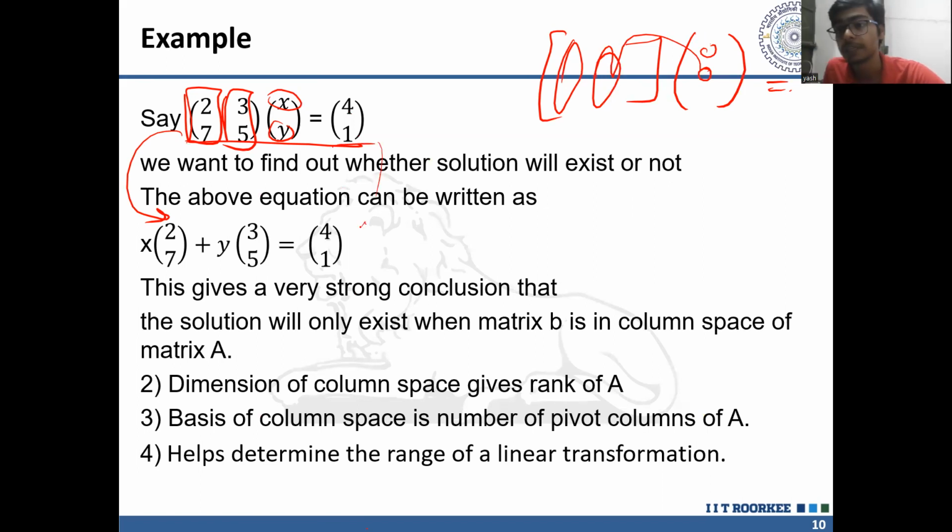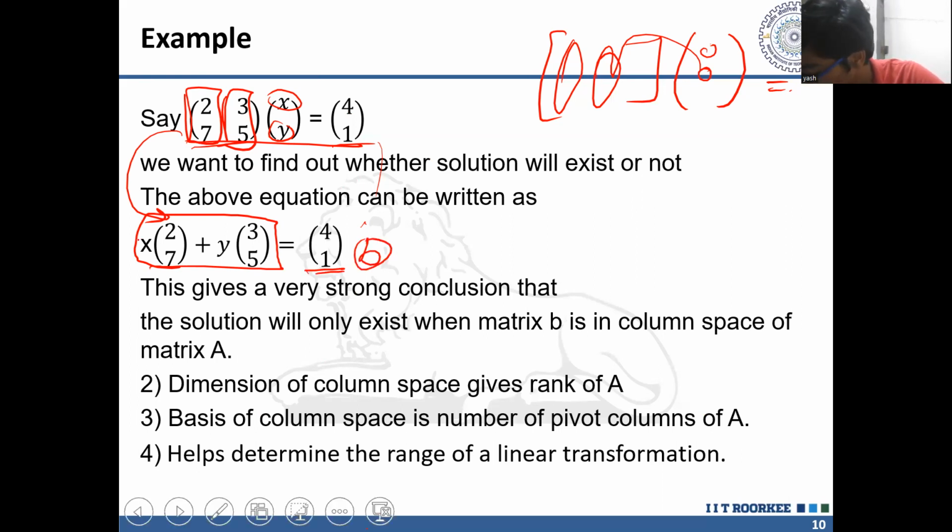So if we want to find out whether the solution is consistent or not, from here we can see that it is basically the column space of this matrix, and here it is the B matrix, the RHS one.